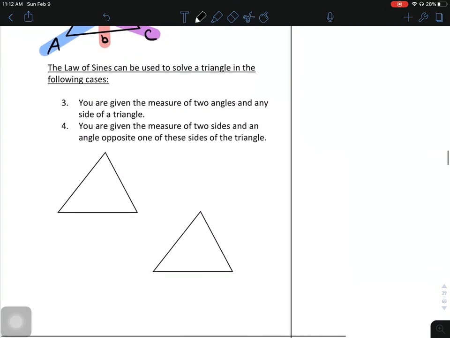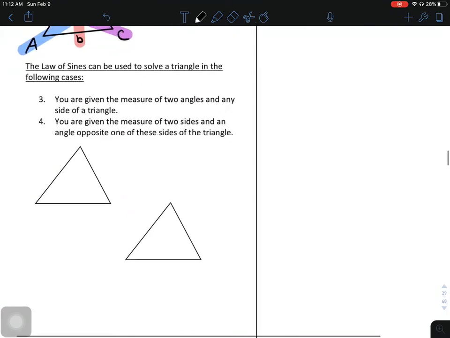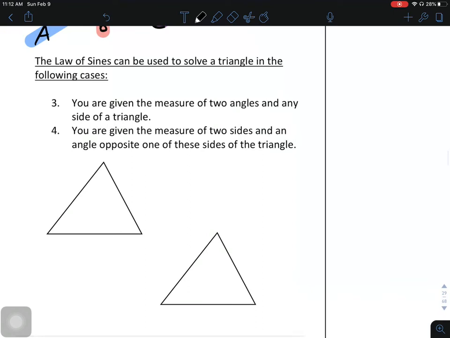So when can you use the law of sines? I don't know how this got misnumbered. This should be a 1 and a 2. If you're given the measure of two angles and any side of the triangle, or you're given the measure of two sides and an angle opposite one of those sides.